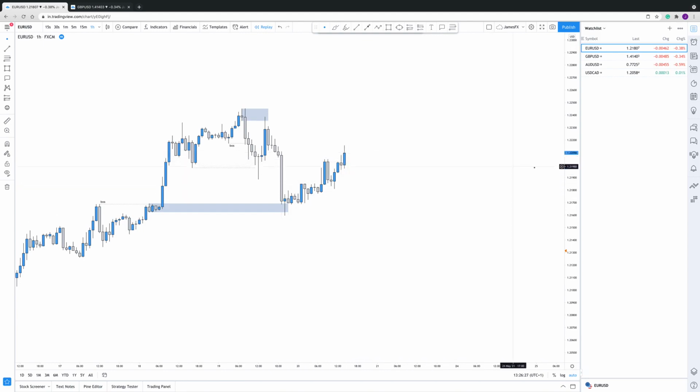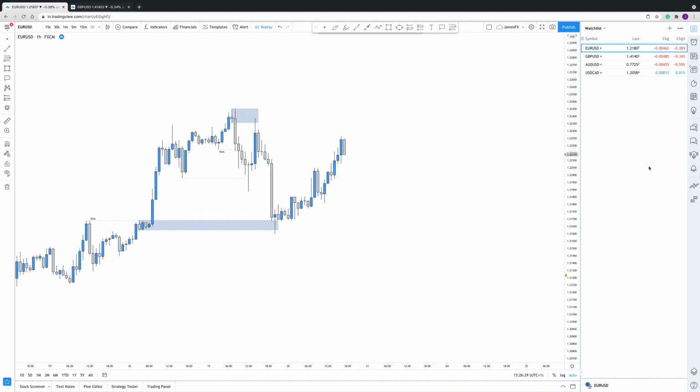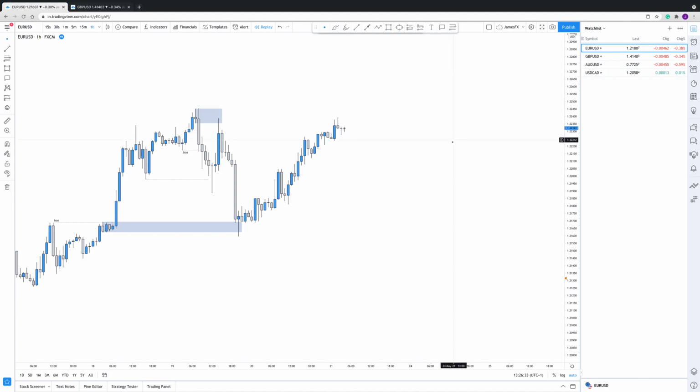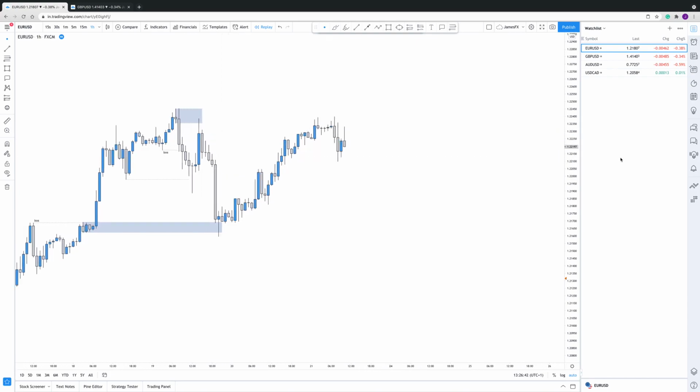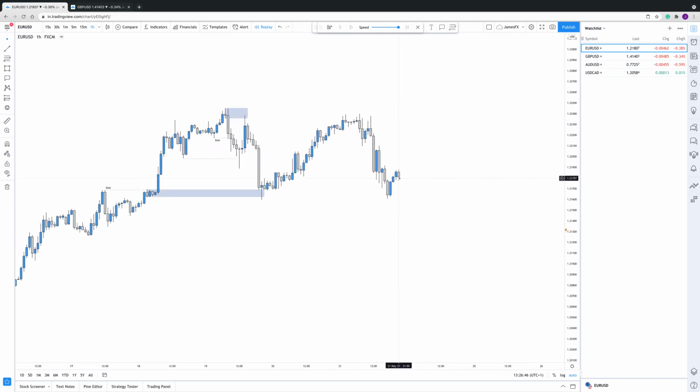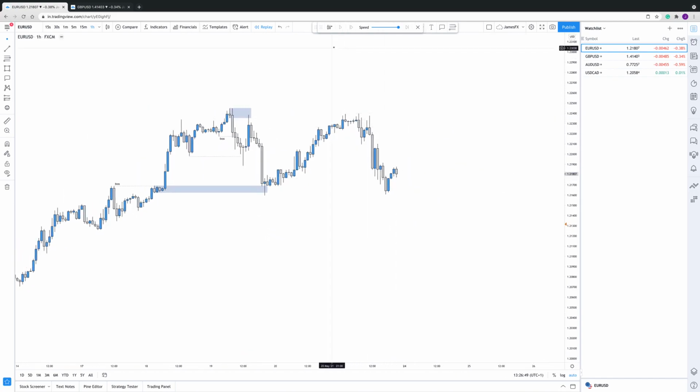We then break above it, and you can see we then do come up to previous highs and back up to test this wick here, which we know as an order block on a lower time frame. And that's where price then reverses again. So you can see how, let me just mark it on.